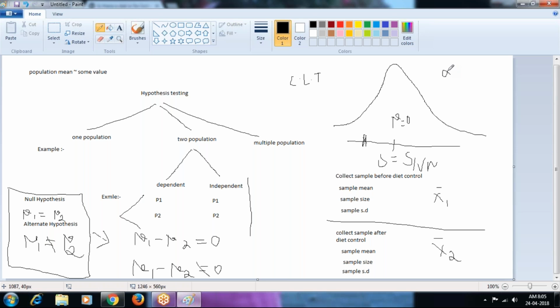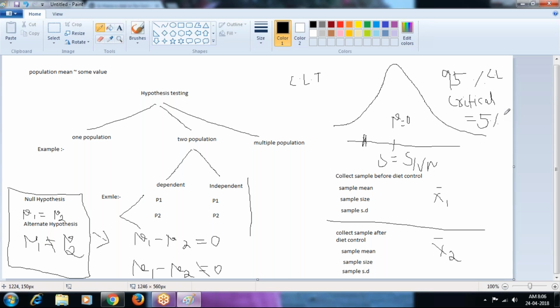Critical error is how much? 5%. So with 5% alpha, or a confidence level of 95%, now you want to set up the hypothesis testing.